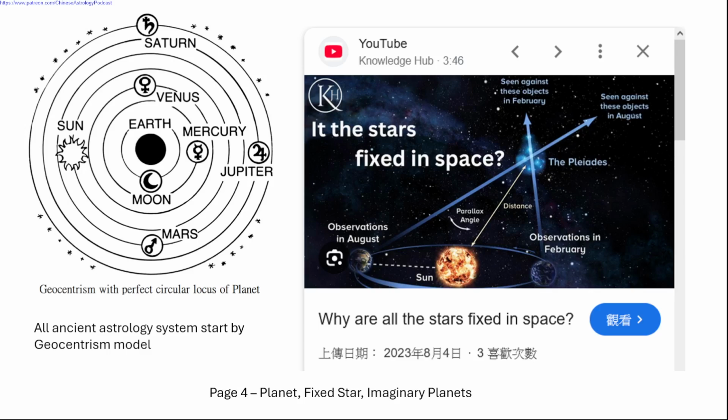The moving ones are called planets. The fixed ones are fixed stars, and the critical elements, the imaginary planets, are the core of Chinese astrology. We will have in-depth analysis of the imaginary planets' true form later.